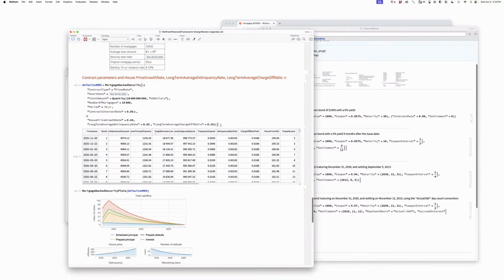Now, we had talked previously about having mortgage as an object, and somehow that this is a bundle of mortgages, so somehow the mortgage thing becomes one of the elements in this contract specification, maybe. I'm not sure if that's right. Yeah, you could make a mortgage-backed security out of a mortgage specification plus some extra properties for the number of them and total amounts and so on.